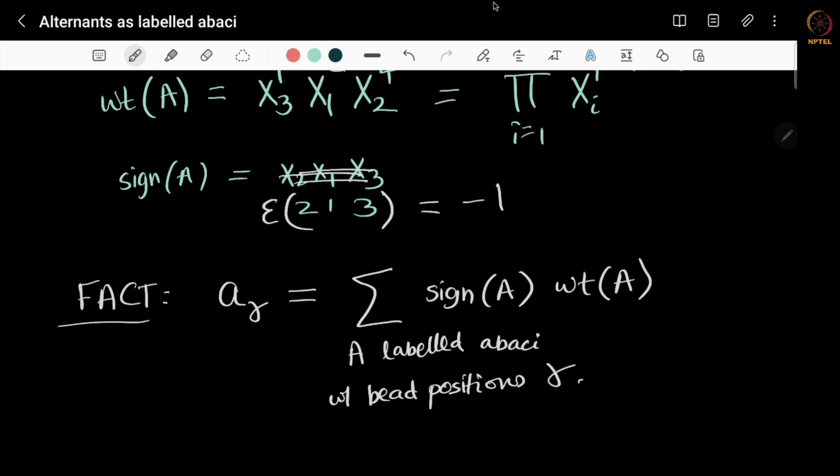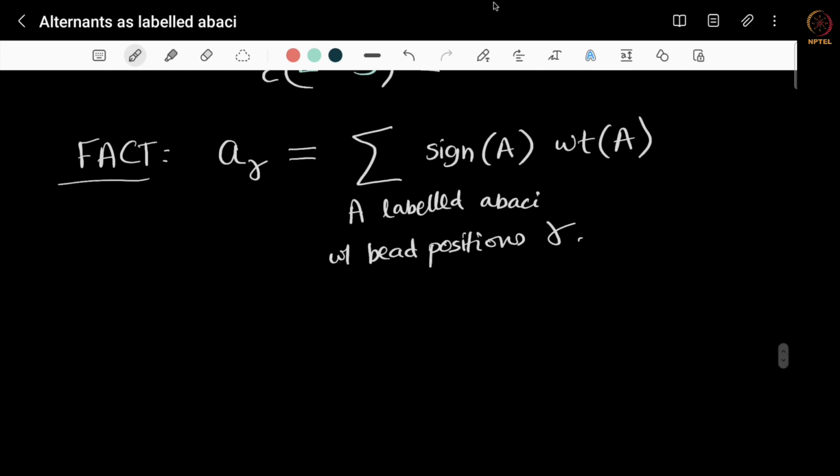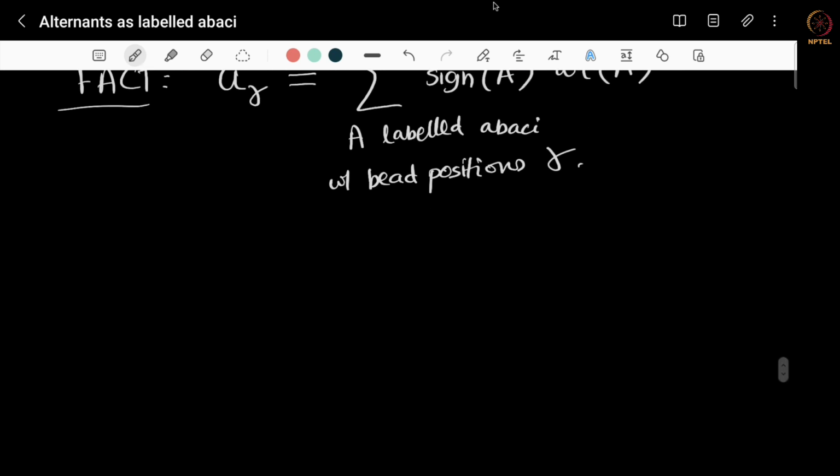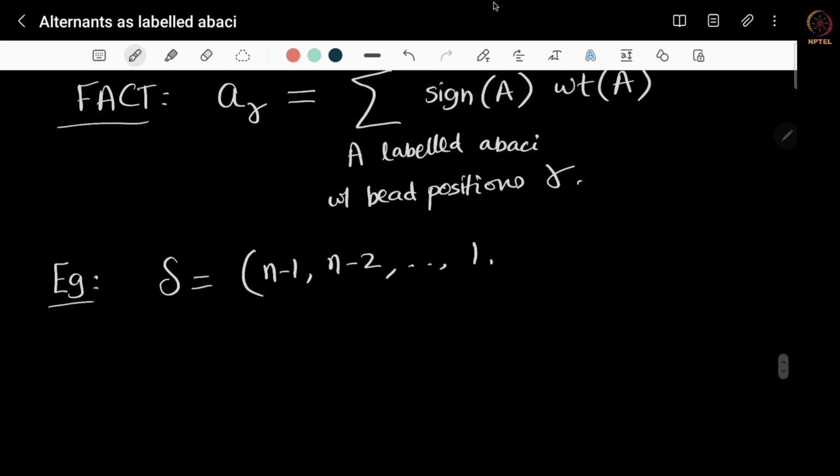It says that the alternant A gamma, or the expansion of the determinant, is simply the sum of sign of A times weight of A, as A varies over all labeled abaci with bead positions given by gamma. That is gamma 1, gamma 2, ..., gamma n are the positions.